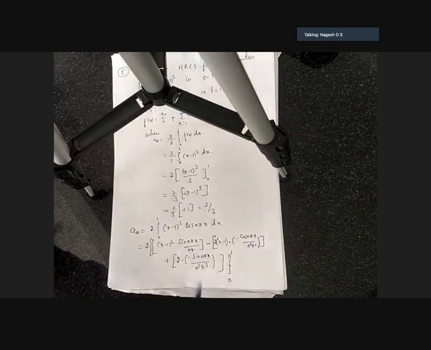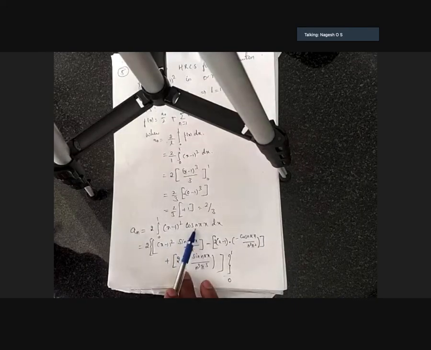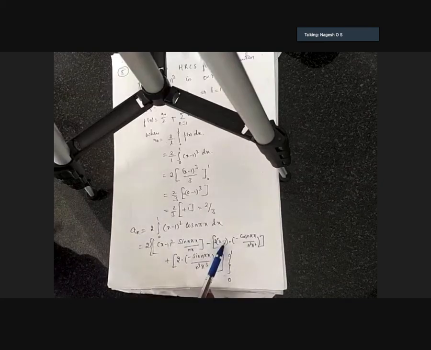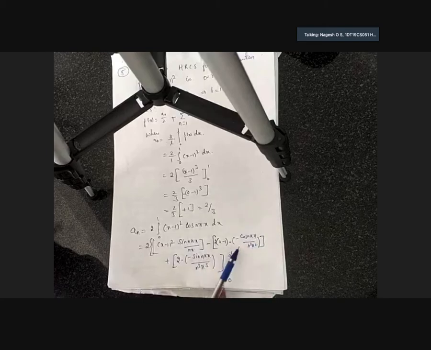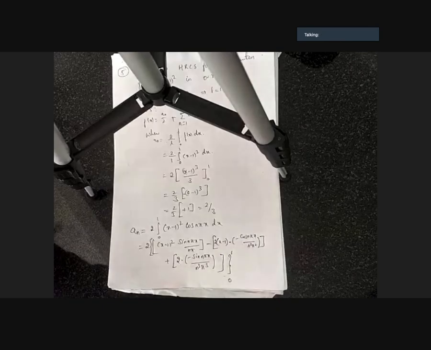Okay, any doubt in this? This function as it is, its integration is sin n pi x by n pi, minus differentiation of this, 2 into (x minus 1) into 1, and integration of this is minus cos n pi x by n square pi square, and differentiation of this one is 2.